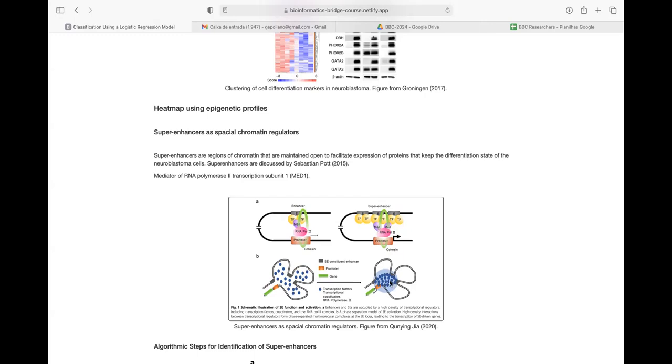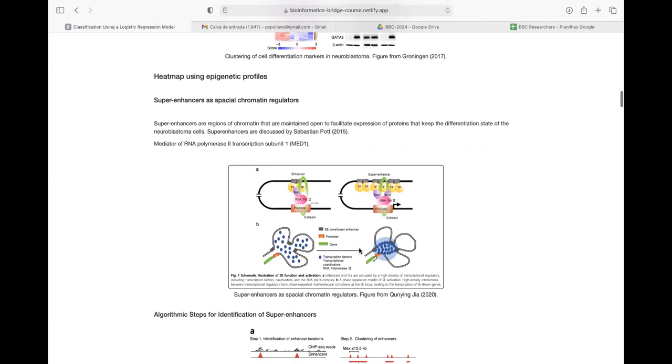So you can see here that this machinery and the coming together of the transcription factors makes it so that there are a lot of transcription factor molecules in the region, and this can recruit more and more of the cellular machinery that is responsible for the expression of the genes that this has to express.